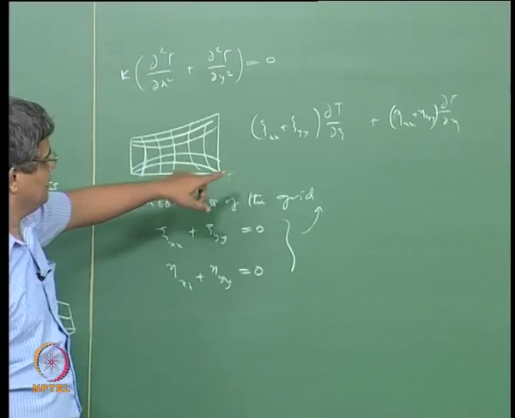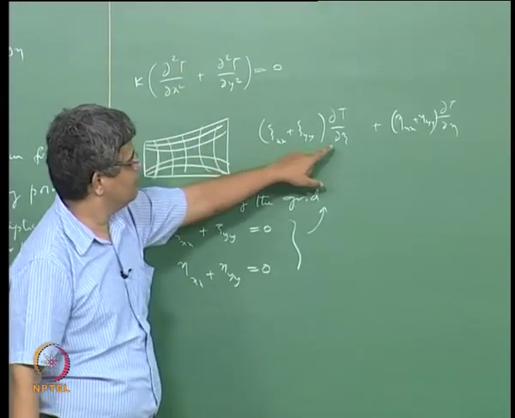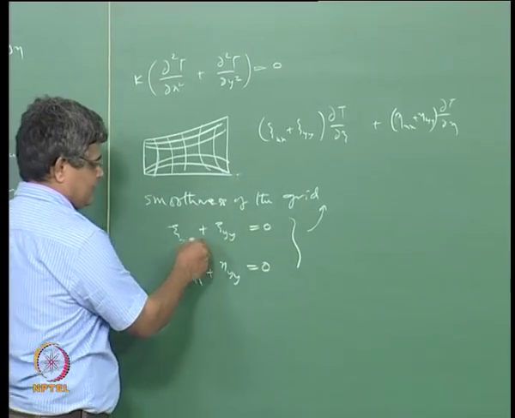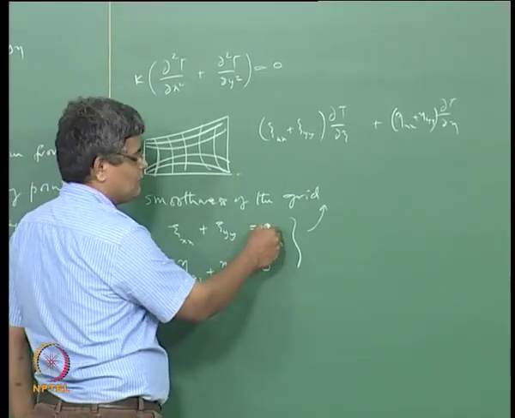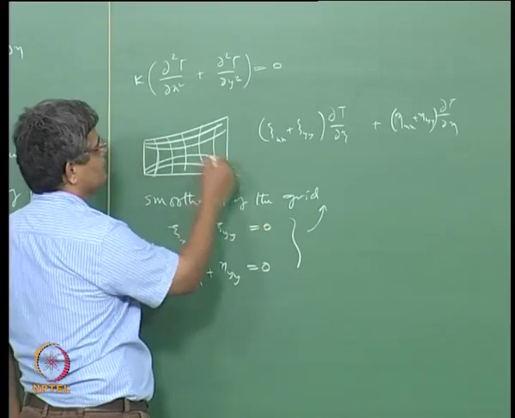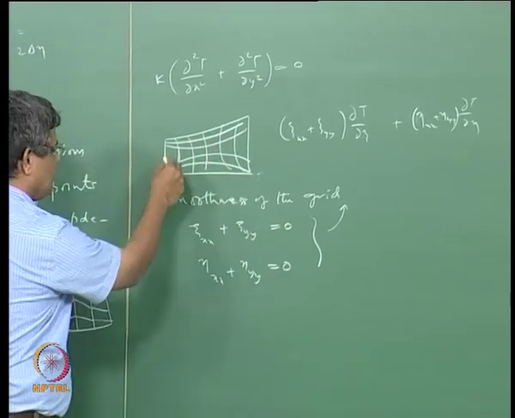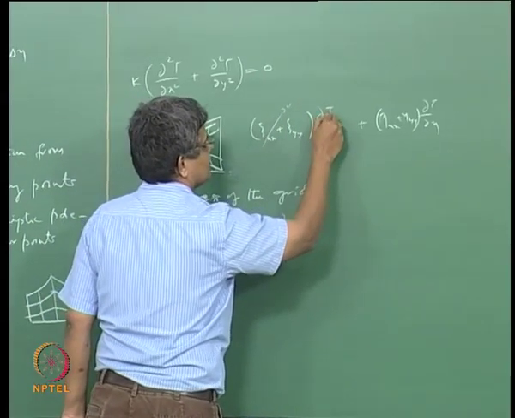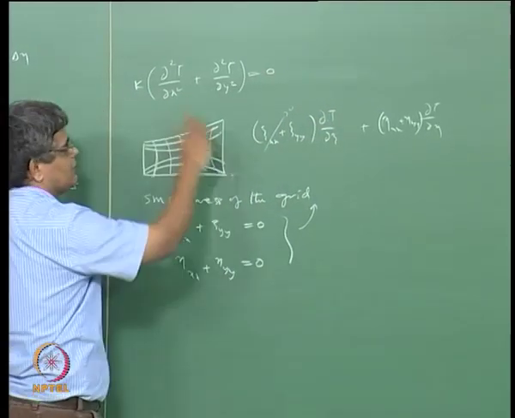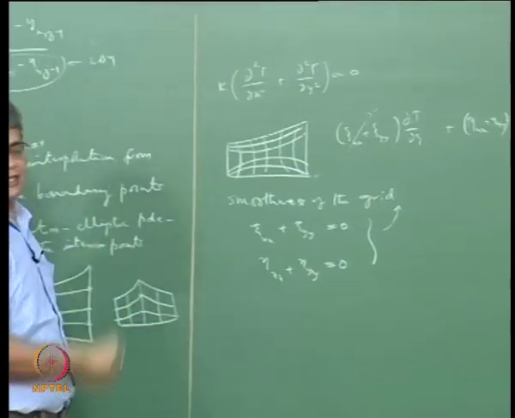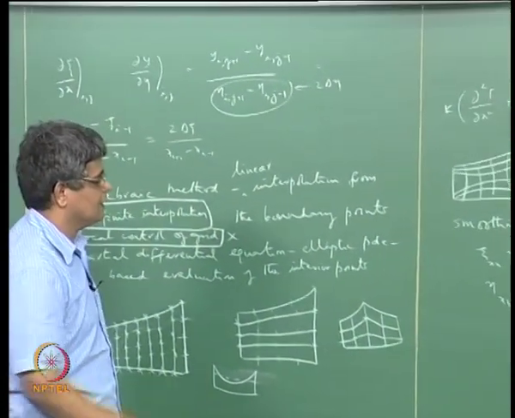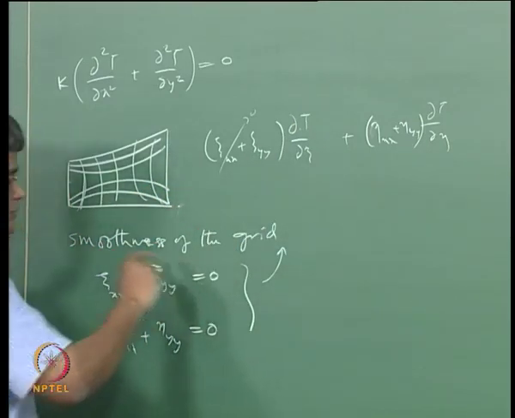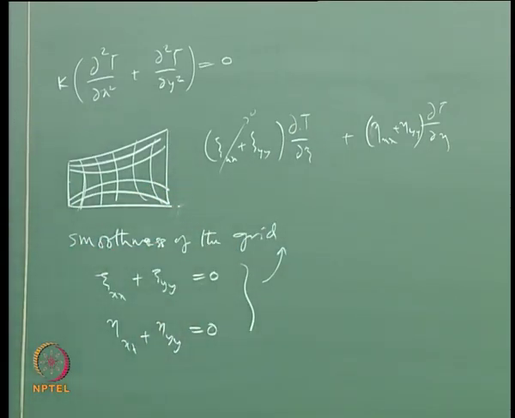So the first derivative terms will appear with these kinds of things. If we have these equal to 0 as a condition for the interior points, then these terms will be 0 and the first derivatives will not appear in the transformed equations. It is only the second derivatives that will appear. So there is also a simplification of the transformed equation possible if we make this a condition.